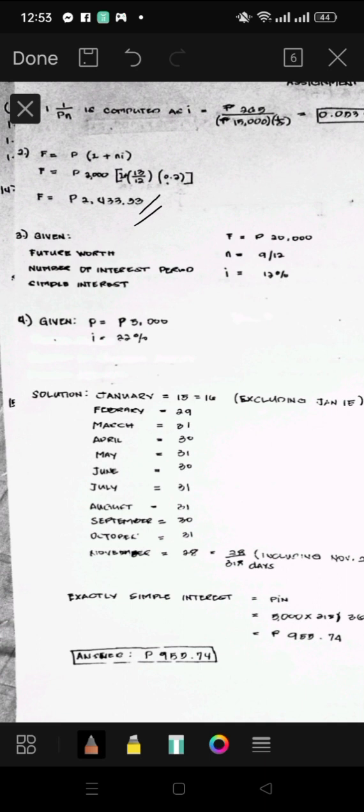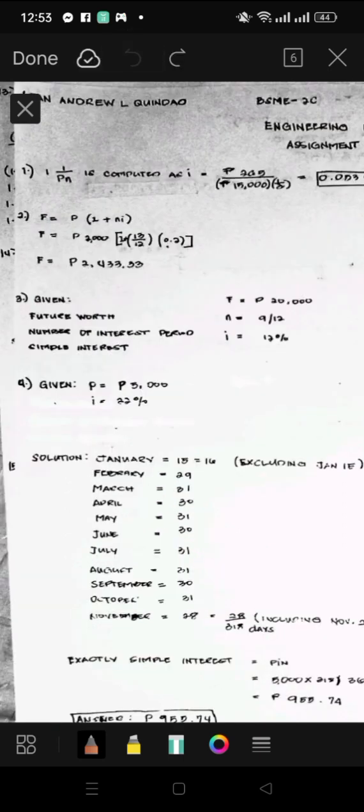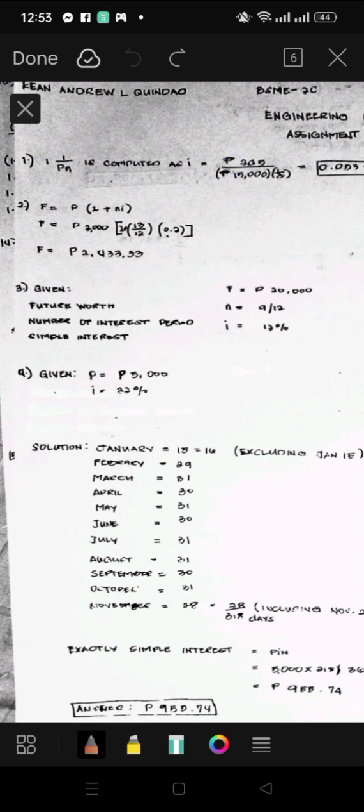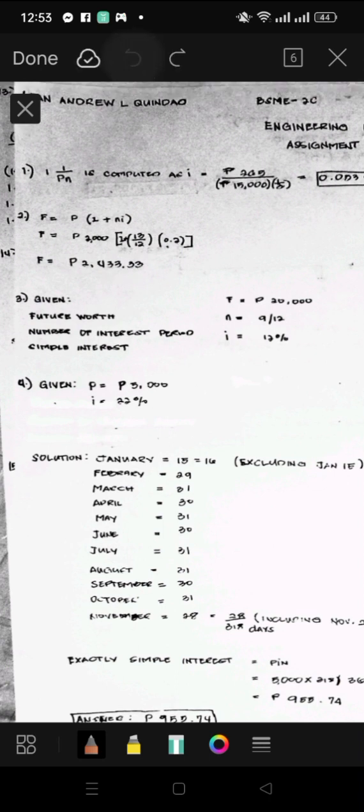P is 2,000, times 1 plus 13 over 12 times 0.2. That's why we get a future amount of 2,433.33.